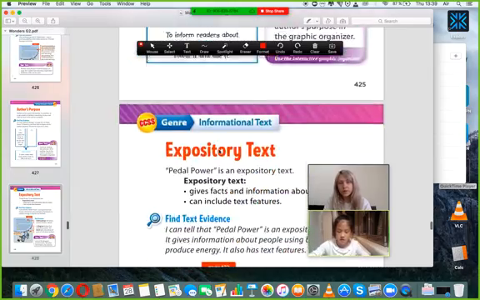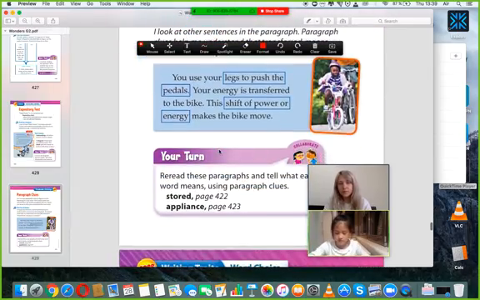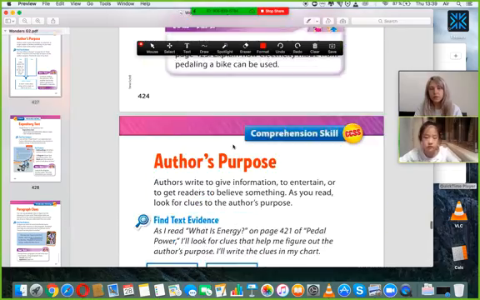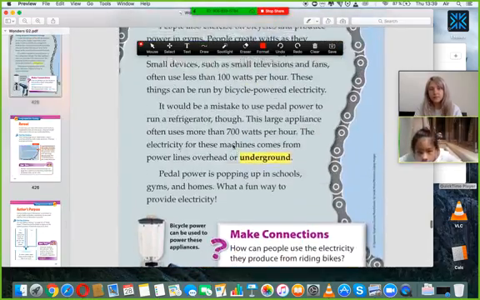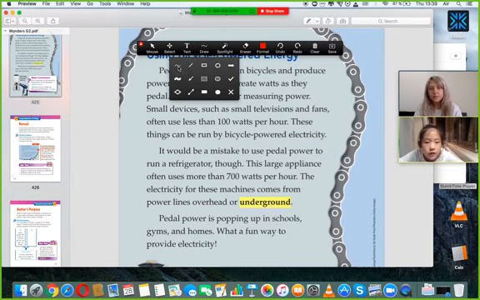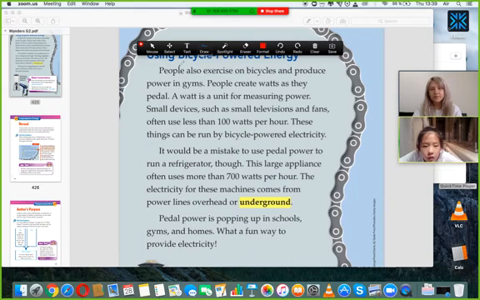So the next word is appliance, page 423. Try to find here the word appliance. This large appliance often uses more than 700 watts per hour. That's right.